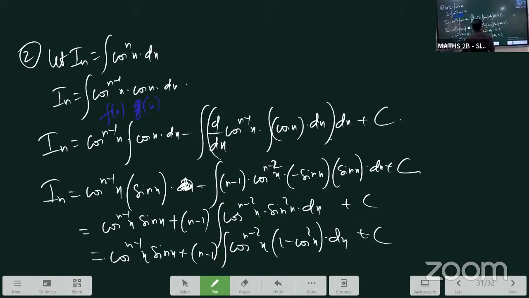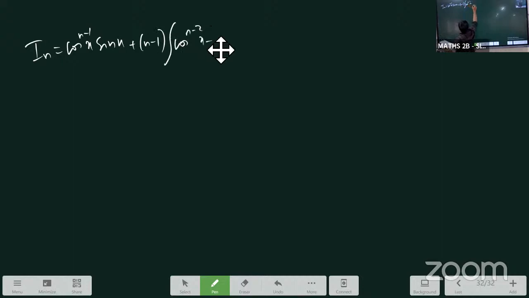Now what am I going to get? What was the last step we wrote? Now open the brackets and multiply cos power n minus 2 inside. So I n is equal to cos power n minus 1 x into sin x plus n minus 1 integration of cos power n minus 2 x minus cos power n minus 2 into cos square.